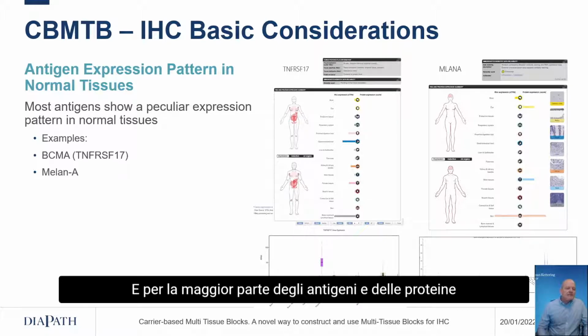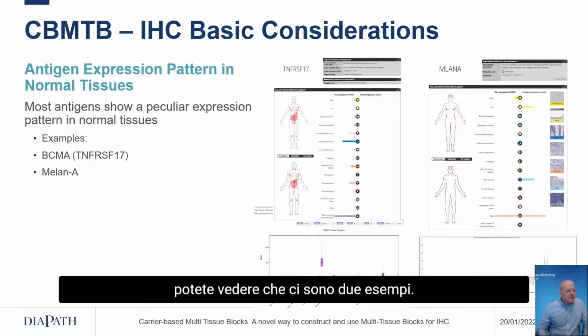For most of the antigens and proteins distributed in different tissues, you get very good and reliable mRNA data. One, for example, is the Human Protein Atlas. There are other databases, and I have copied them on this slide.